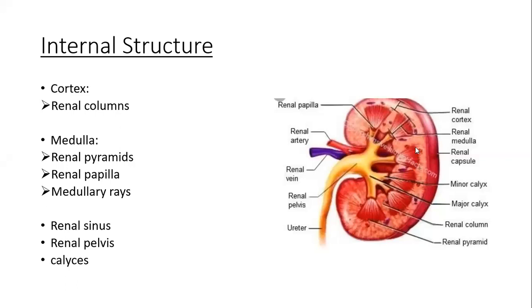From the bases of each of these renal pyramids, the striations that seem to be entering from the pyramids into the cortex of each kidney are known as medullary rays.